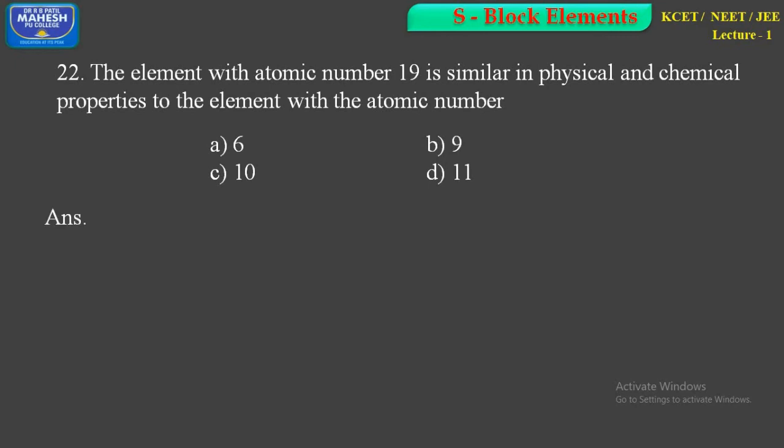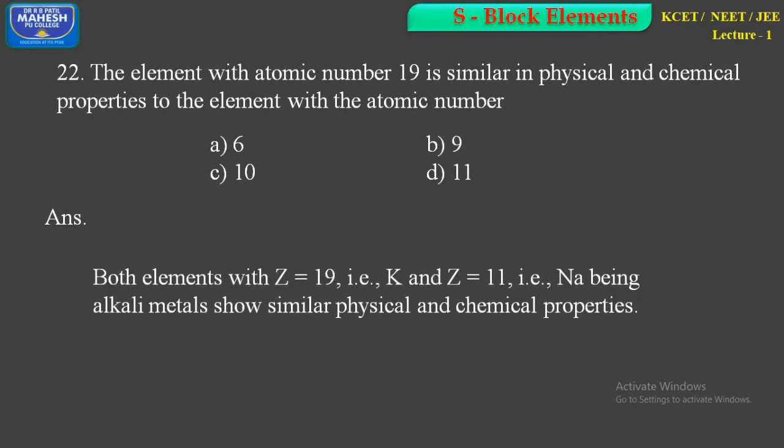In this case, both elements with Z equal to 19, that is potassium, and atomic number 11, which is sodium, being alkali metals, show similar physical and chemical properties because both belong to group first, alkali metals. So option D is the right answer with atomic number 11.